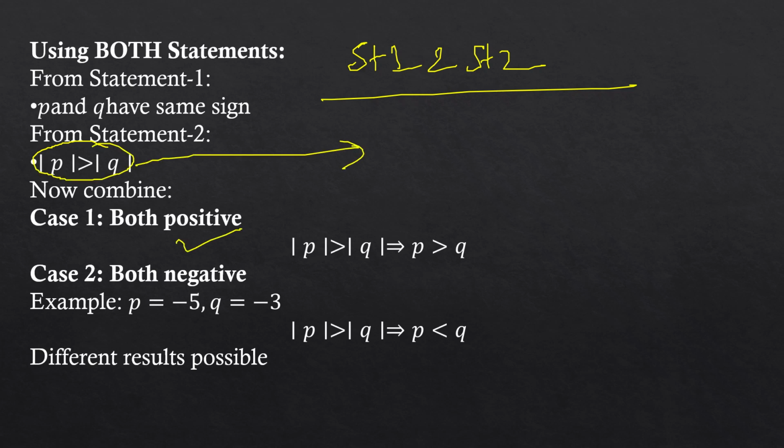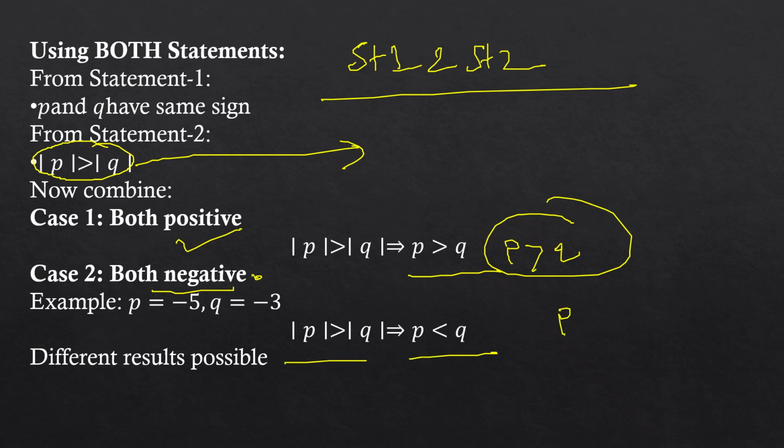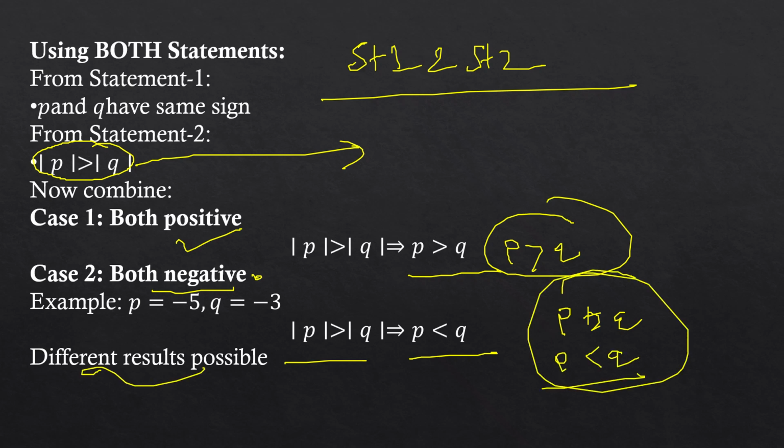So in the positive case, suppose it gives P greater than Q. When both are negative, it will behave differently. Sometimes P is greater than Q, sometimes Q is greater than P. So again, results may be different. So what is the correct answer? Even both statements together are not sufficient to answer this question.